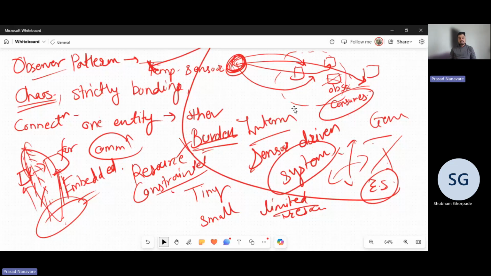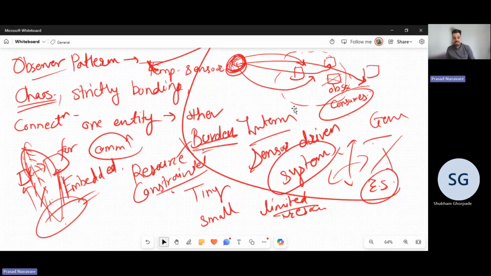So the implementation of this is done with the help of interfaces. The interface has to be implemented, and an observer can subscribe to the event subject, which means the event that is happening. This is how it is done.